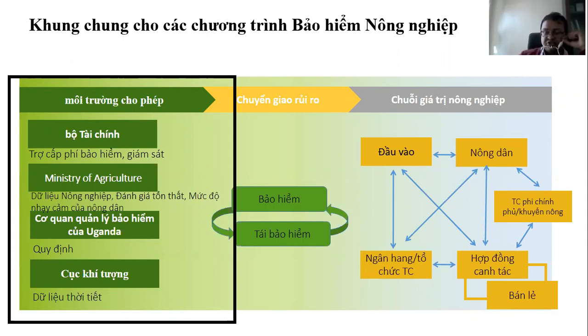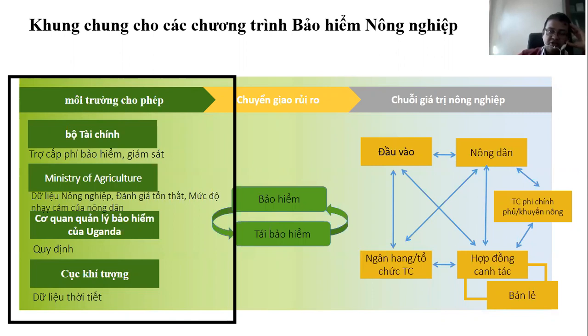From the Ministry of Finance, this could be related to premium subsidies or premium financing. It could be to do with general supervision of the schemes. There are specific roles, of course, in the context of Vietnam that we'll be covering also in detail tomorrow. But generally speaking, these are some of the different roles.